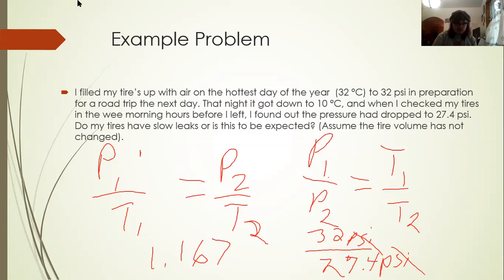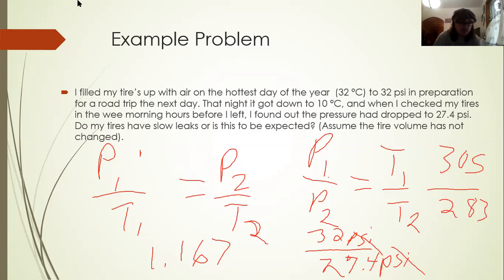Now, one thing to note, we cannot simply use Celsius. The original equation called for Kelvin for this to work, so this needs to be in Kelvin. 32 degrees Celsius turned to Kelvin makes this 305. 10 degrees Celsius turned to Kelvin is 283.